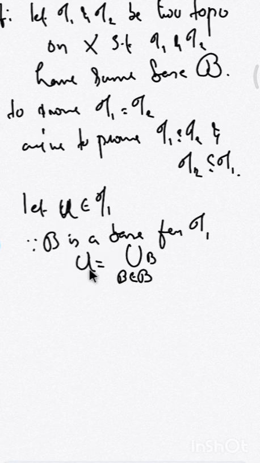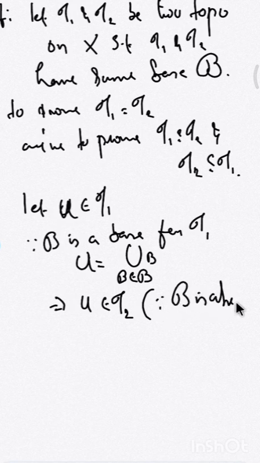When U can be written as a union of elements from B, it also implies U is a member of Tau2, because script B is also a base for Tau2. So when you consider U in Tau1, U automatically belongs to Tau2, which implies Tau1 is contained in Tau2.